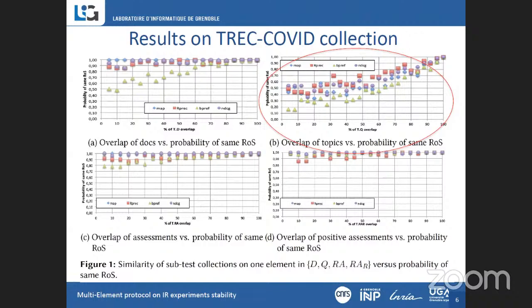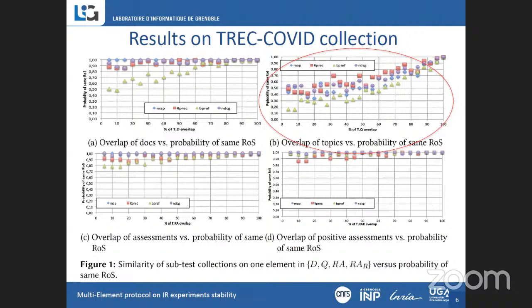These dots here indicate that for the bpref evaluation measure, when we have, let's say, 5% of overlap between the two sub-collections, we have only about a 17% chance of having the same ranking between the 10 systems or models that we use in the collections.